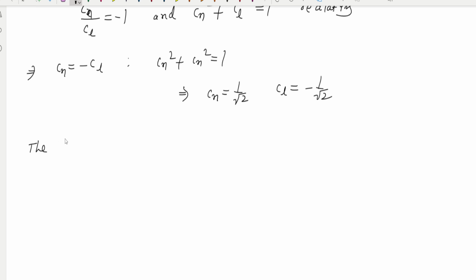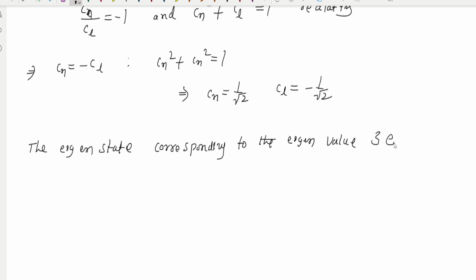The eigenstate corresponding to the eigenvalue 3 E A naught is this one, 1 divided by root 2, 200 minus 210.